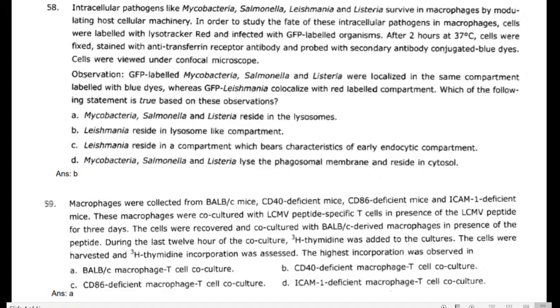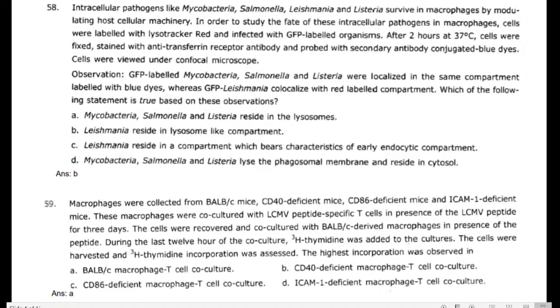What is the observation? The GFP-labeled Mycobacteria, Salmonella, and Listeria were located in the same compartment labeled with blue dye, whereas GFP Leishmania colocalized with a red-labeled compartment.